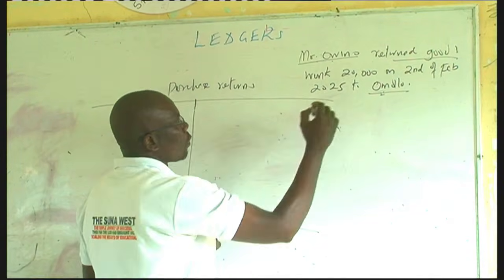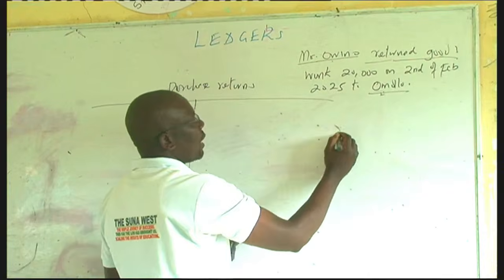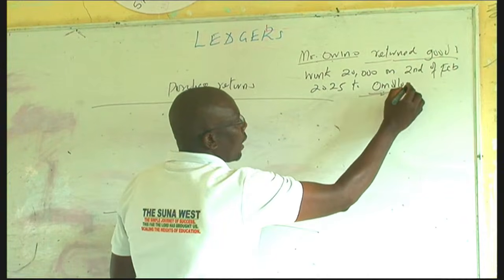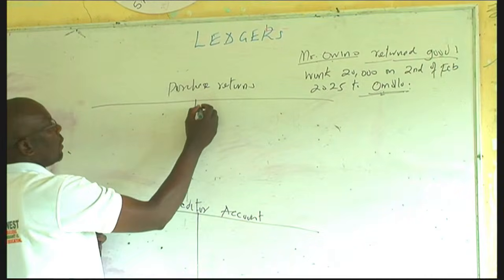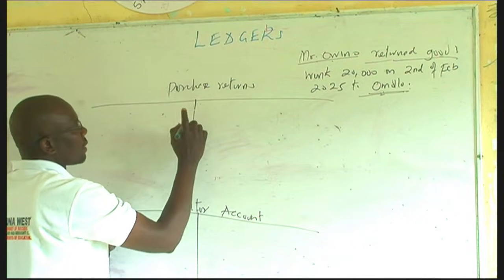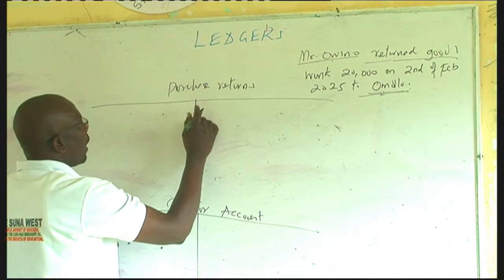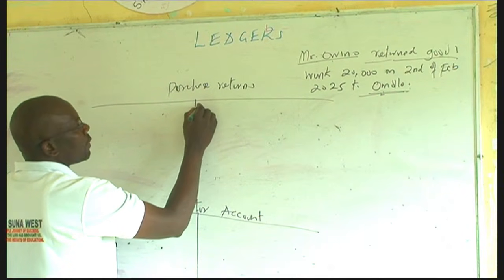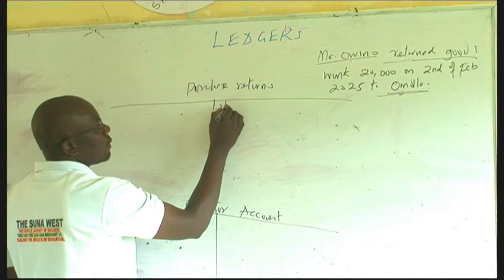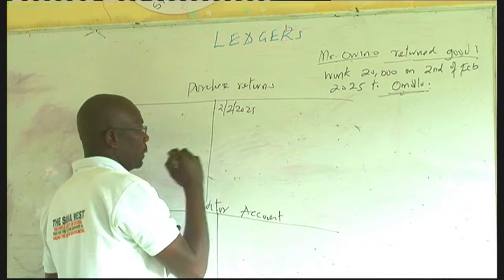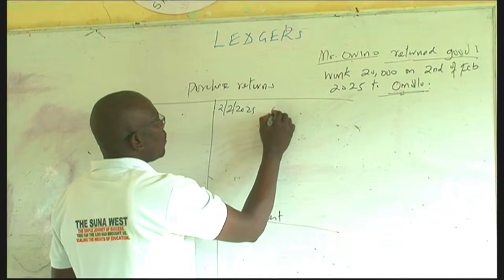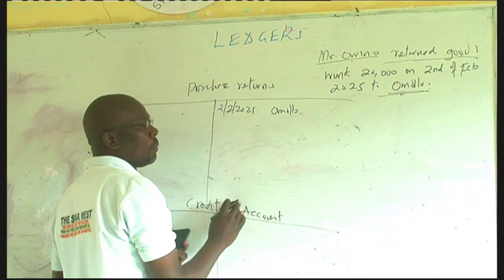So we have two accounts: the purchase returns and Omolo's account. We are going to credit purchase returns. So we'll have the date, and the particulars will be Omolo because we have returned them to Omolo.